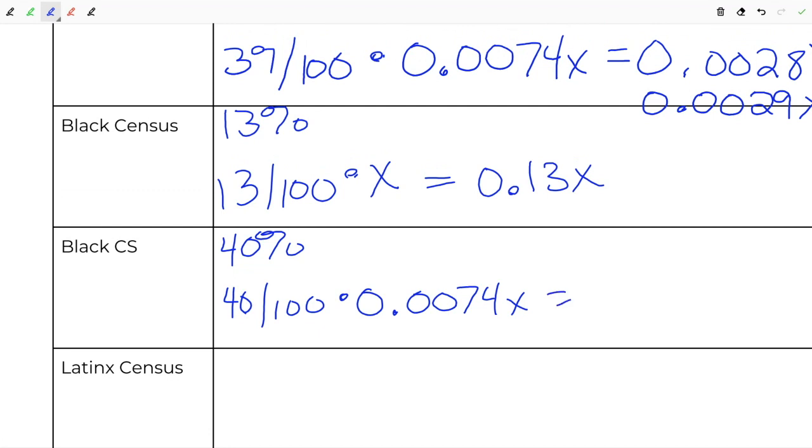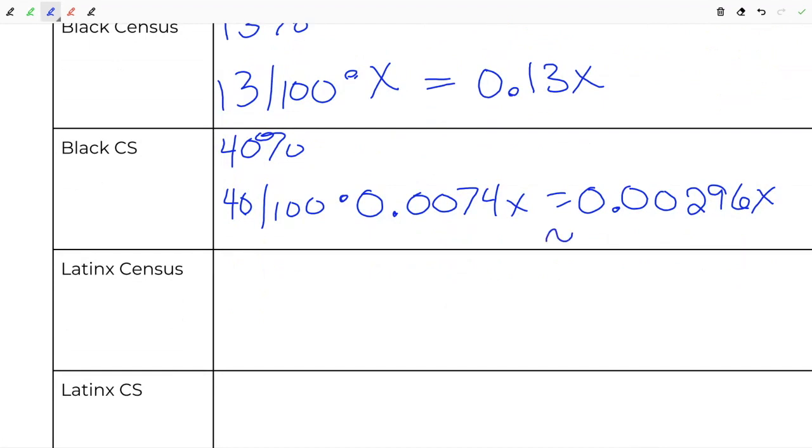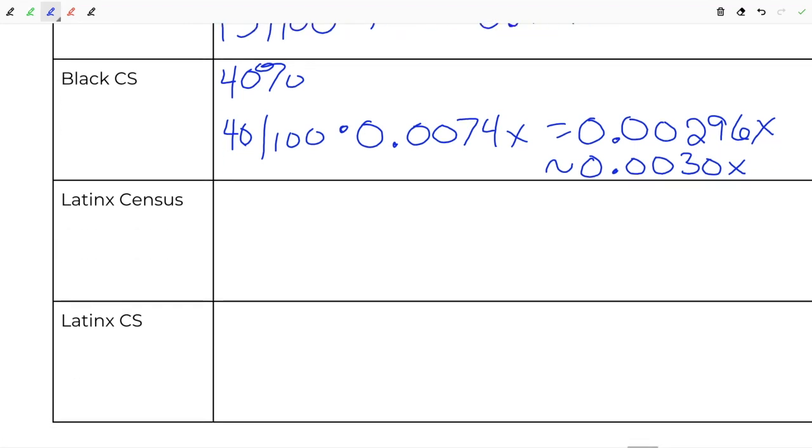So this comes out to be 0.00296X, but we need to use sig figs. So this is 0.0030X of the people on my lawn are in the criminal justice system and black.